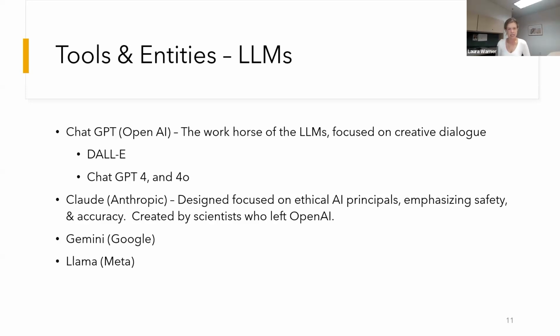I believe it was 3, but they have moved on to 3.5. They have 4, now they have 4.0. They also have DALL-E, which is an image generator. It's really the workhorse of the LLMs. It's what I use quite a bit, and it's focused on creative dialogue.